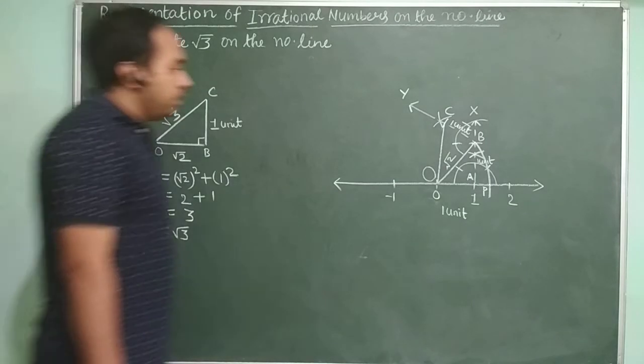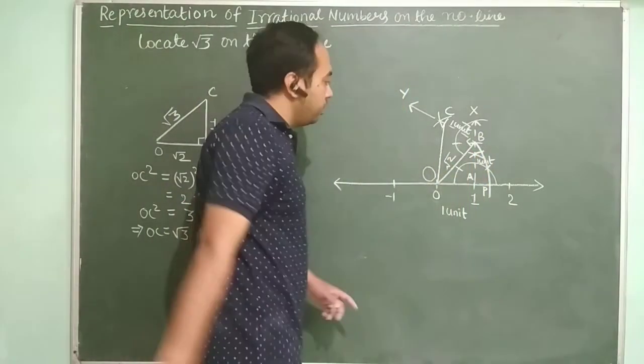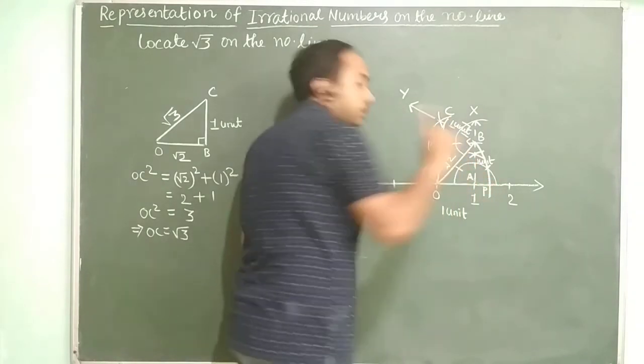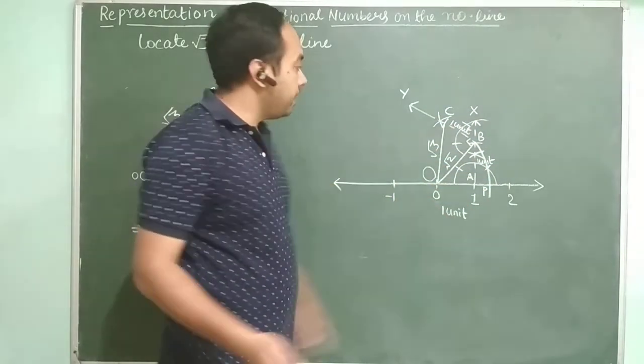So in this manner, again we have obtained a right angle triangle OBC where length of OC is under root 3. But we need to represent this under root 3 on the number line. तो हम क्या करेंगे?